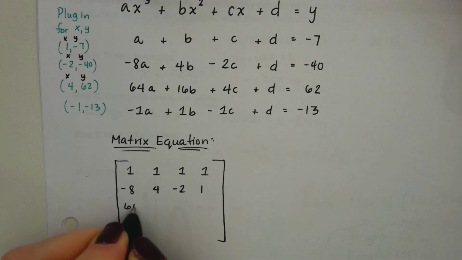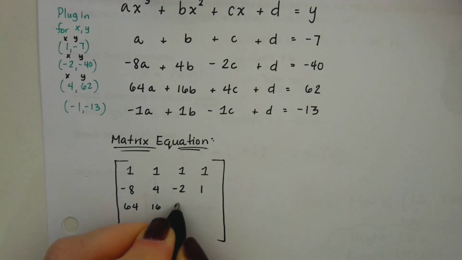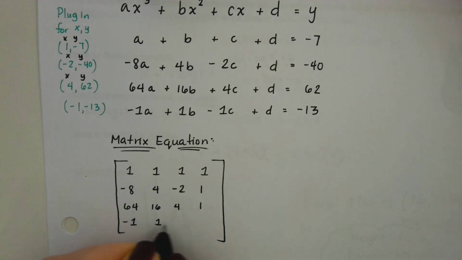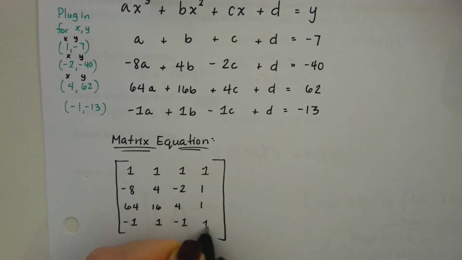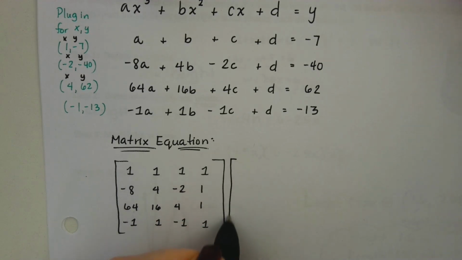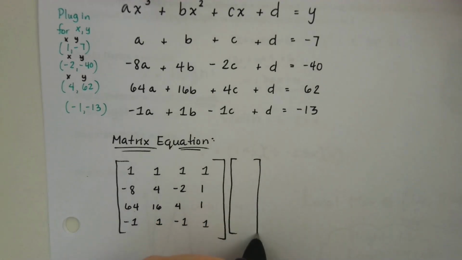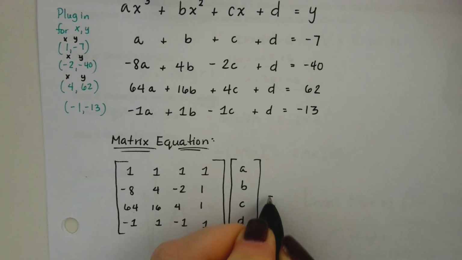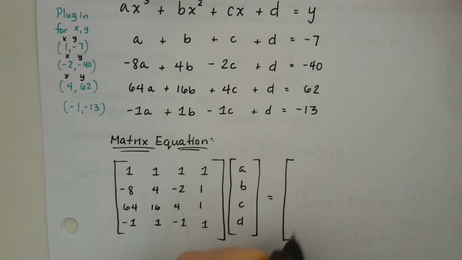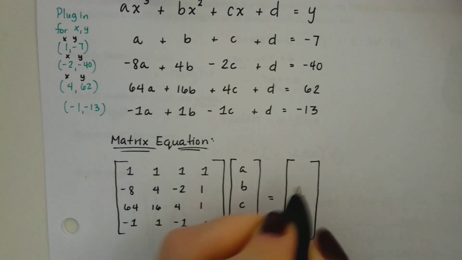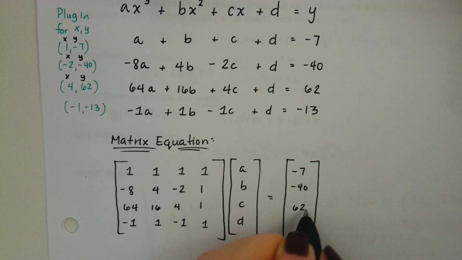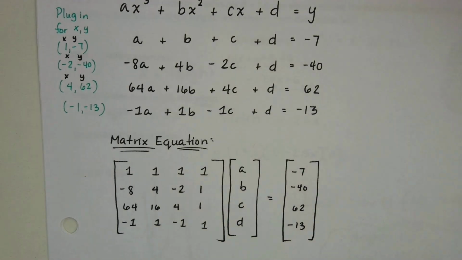Third row would be 64, 16, 4, 1. And then negative 1, positive 1, negative 1, positive 1. My variable matrix would have the letters A, B, C, D. And that's equal to the constant matrix: negative 7, negative 40, 62, and negative 13.